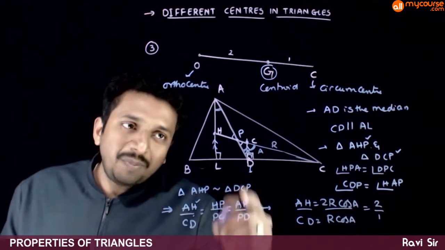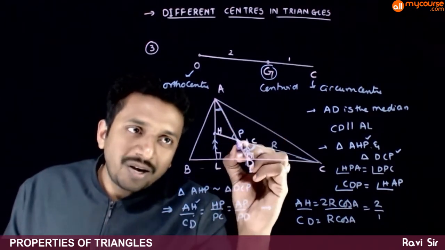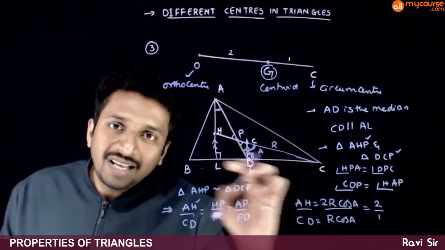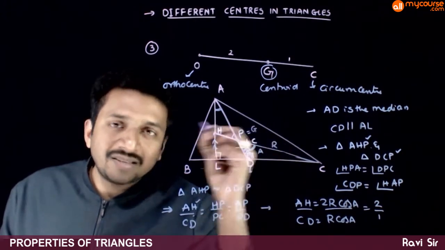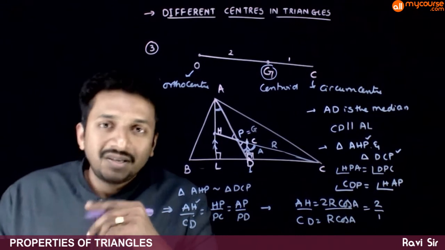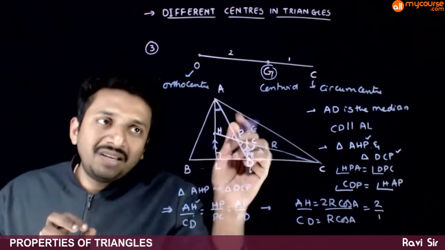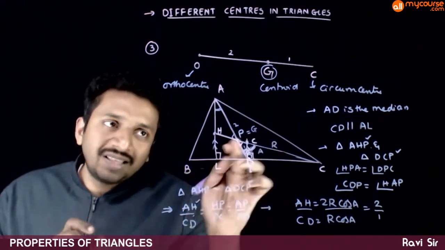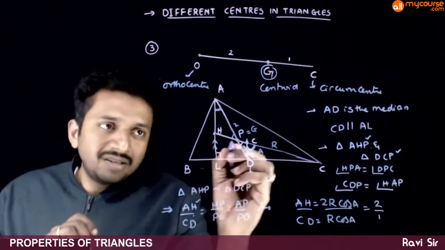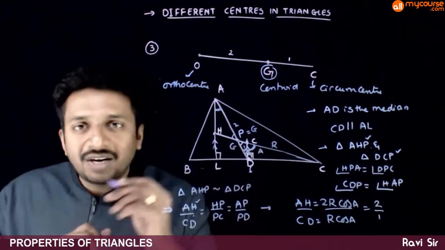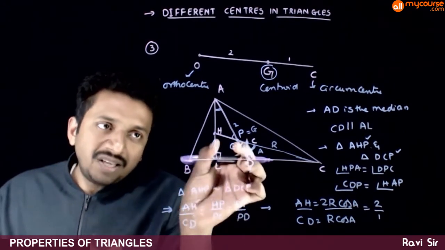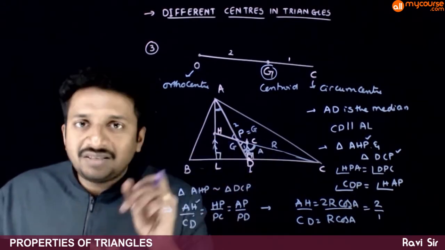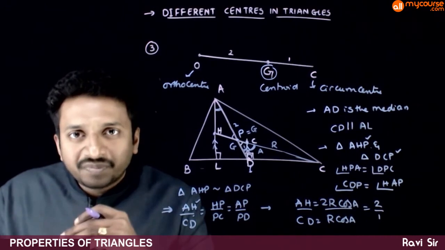So AP by PD is 2:1. That means this point P divides AD in the ratio 2:1. That means P should be exactly the same as G, because the point which divides the median in the ratio 2:1 is nothing but the centroid. So this point will be the centroid of the triangle, and HP by PC becomes HG by GC, which is equal to 2:1.